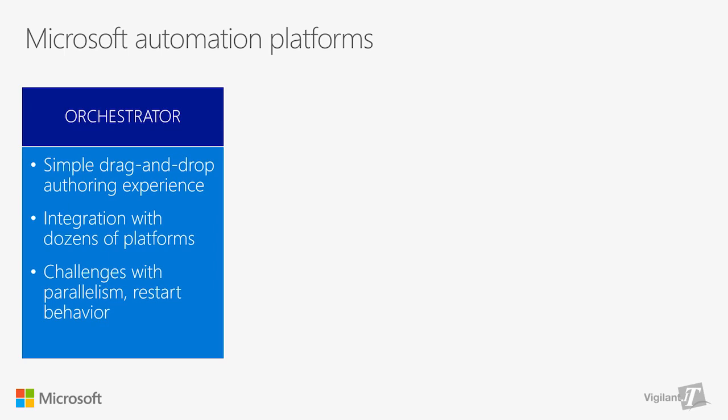It integrates with a lot of different systems through the use of integration packs, but presents a set of challenges and restrictions such as parallelism, when the result of an action would return multiple values, restart behaviors when initiated from a runbook, the use of a 32-bit PowerShell engine, and no checkpoints. In addition, Microsoft will no longer continue developing this engine.